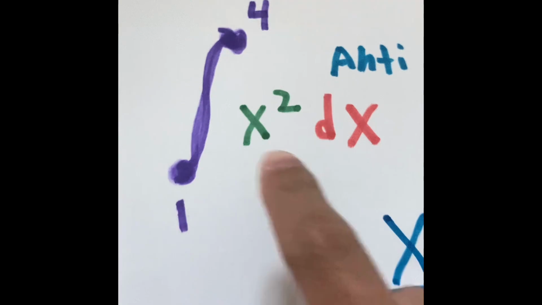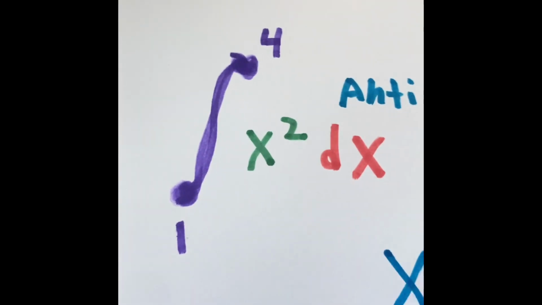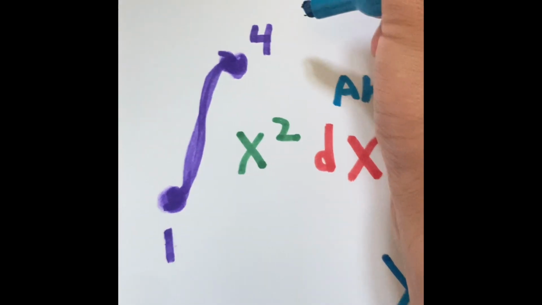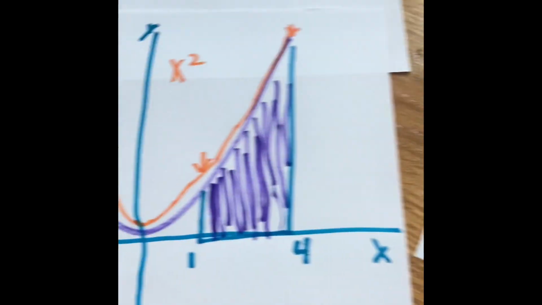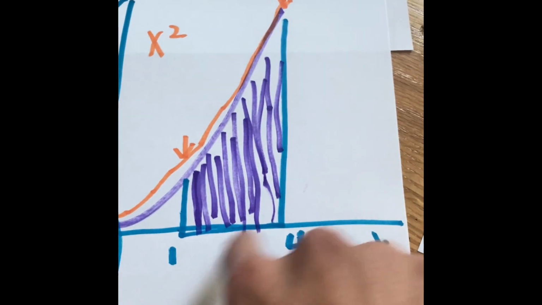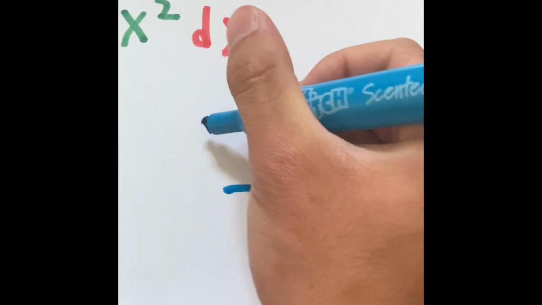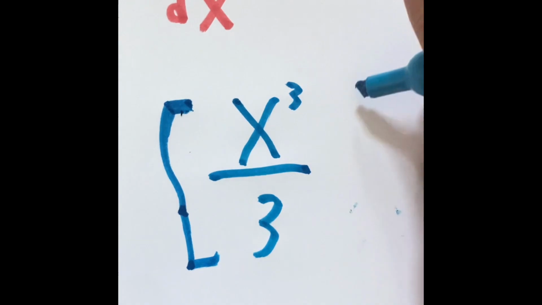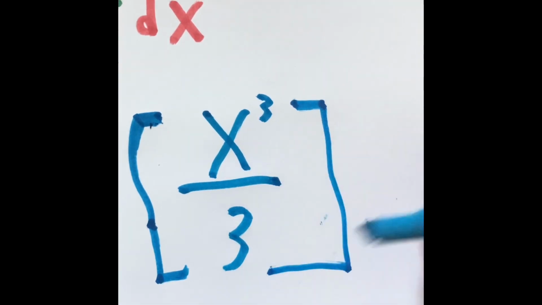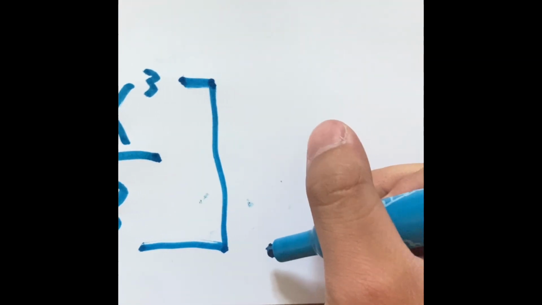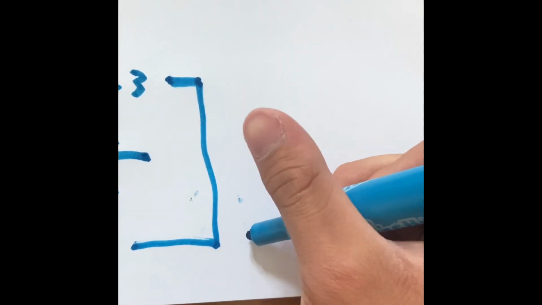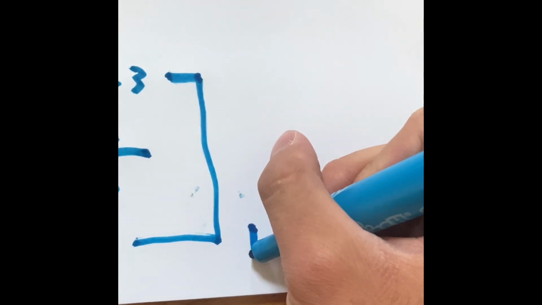Now, here is when our integral comes into play. We have numbers 1 and 4, which limit the area between 1 and 4 on the x-axis. To help us calculate the area, we have to make two scenarios. The lower number is going to be on the bottom, so we put 1 right here.